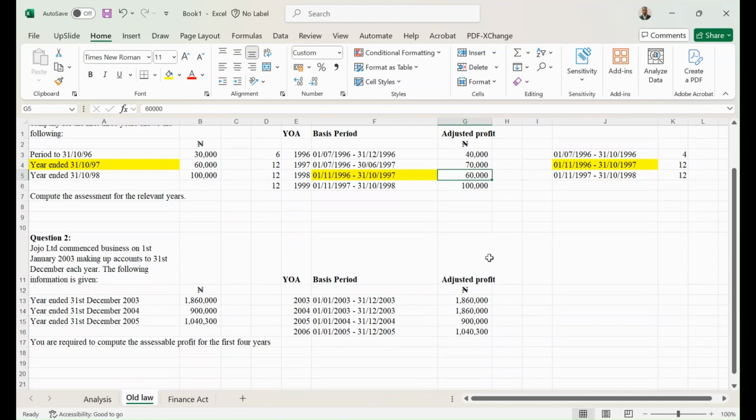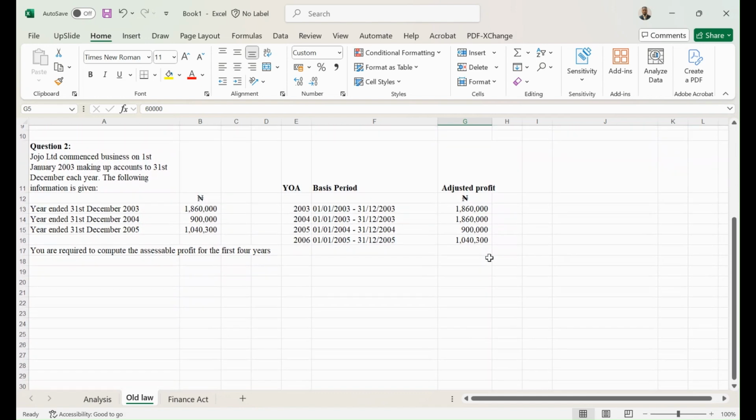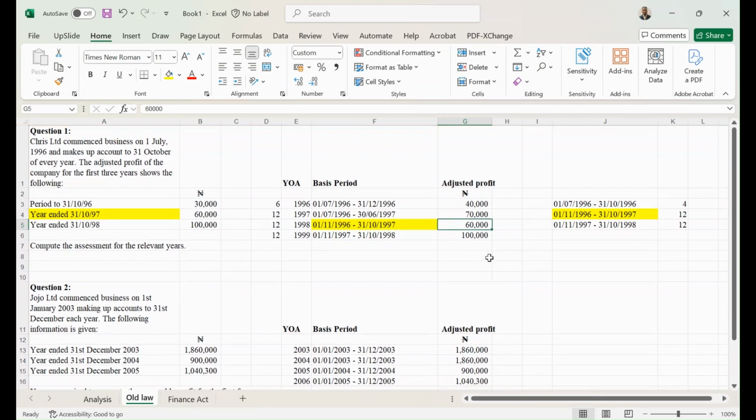So profits were taxed more than once, and that was the reason that necessitated the revamping of the commencement rule. Right. So now we have the new computation of basis period for commencement, which is now under the Finance Act.